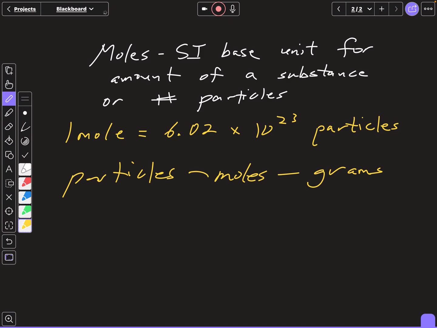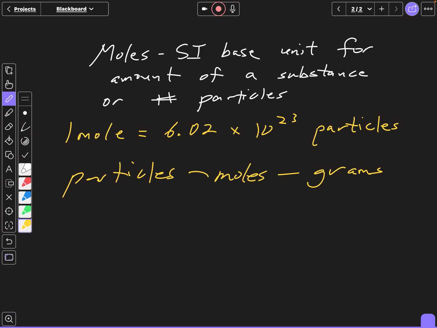So we have to weigh things out in terms of grams. That's why we have to convert from moles to grams. But the mole is kind of a way of making things easier for us when we weigh something out. And we'll be talking in the next unit about the importance of the mole in a balanced equation that allows us to do some calculations.